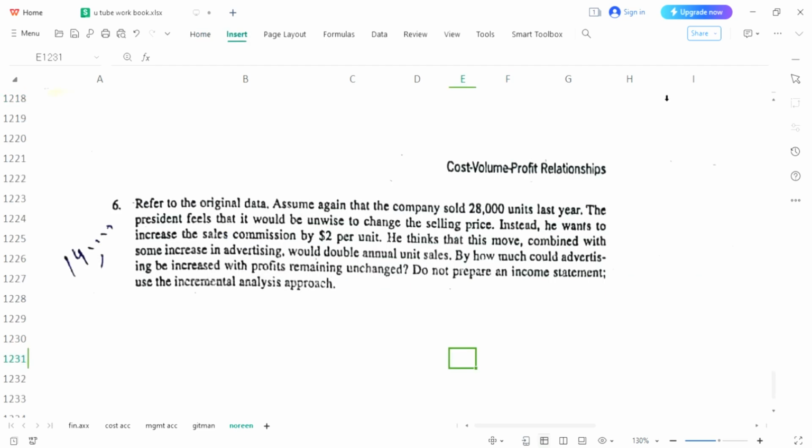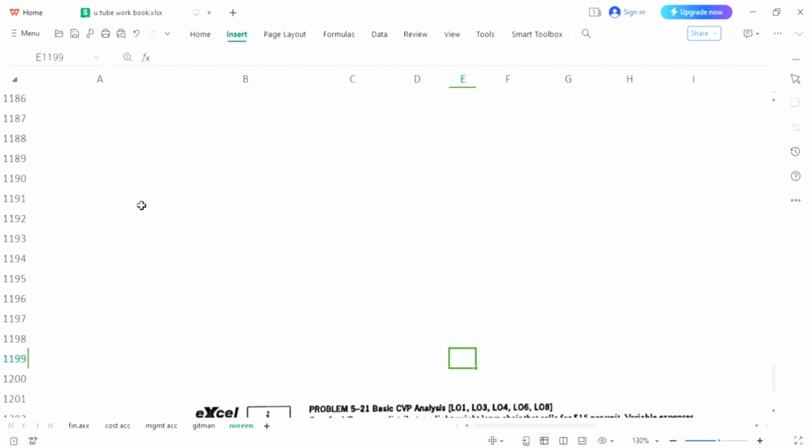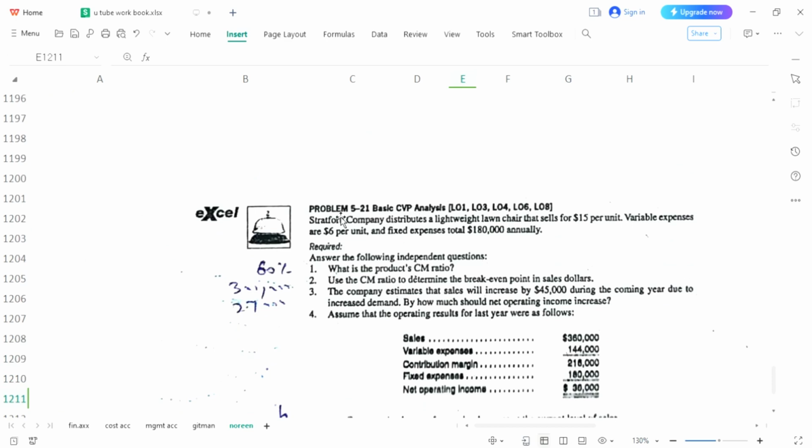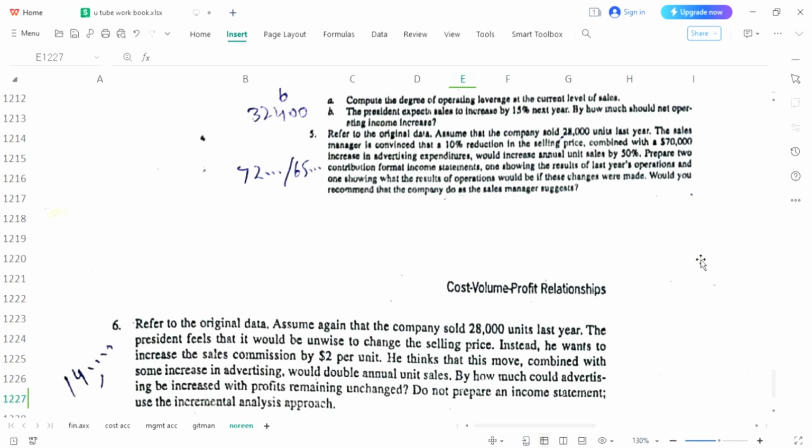Hey guys, hopefully you are doing well. Actually, what had happened, I had concluded the lecture, and suddenly on the next page there was a sixth point related to the same question. As you know, we were doing question number 5.21, and when I turned the page, there was another point. Just consider it a bonus point we have found.